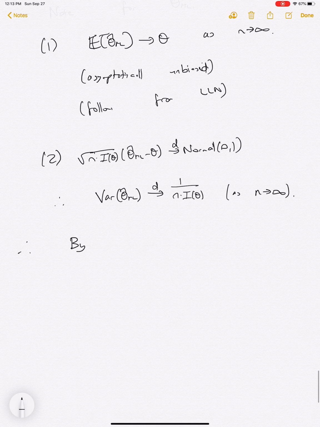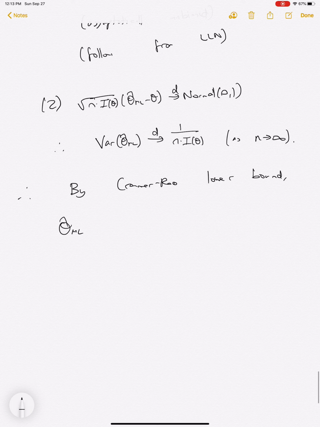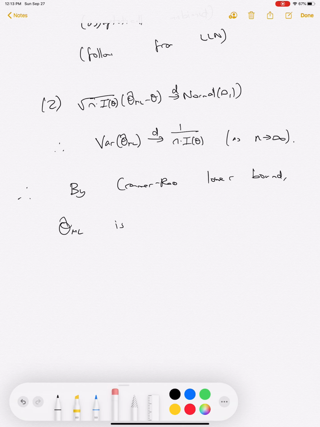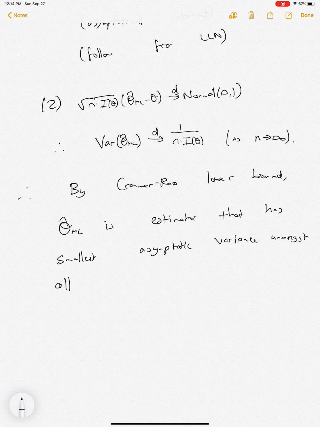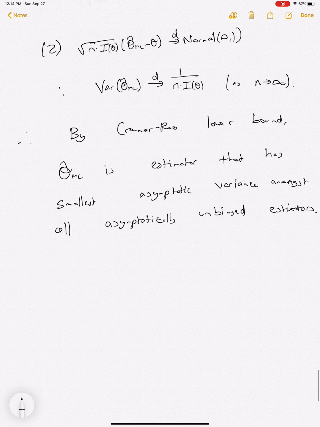So by the Cramer-Rao lower bound, amongst all asymptotically unbiased estimates, theta hat ML is the estimate with the smallest variance.